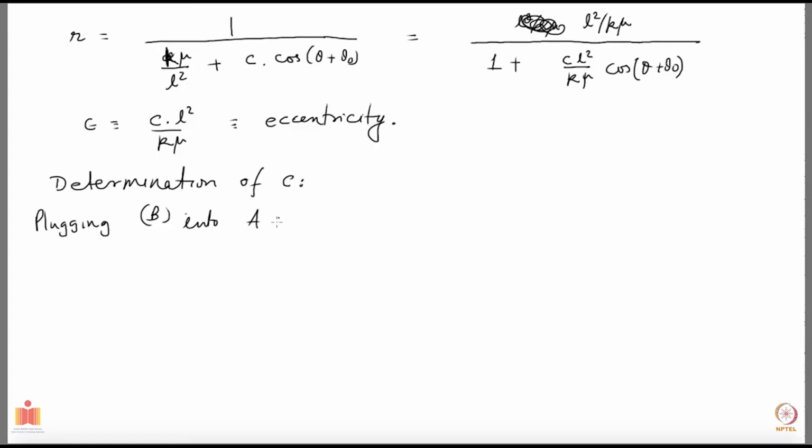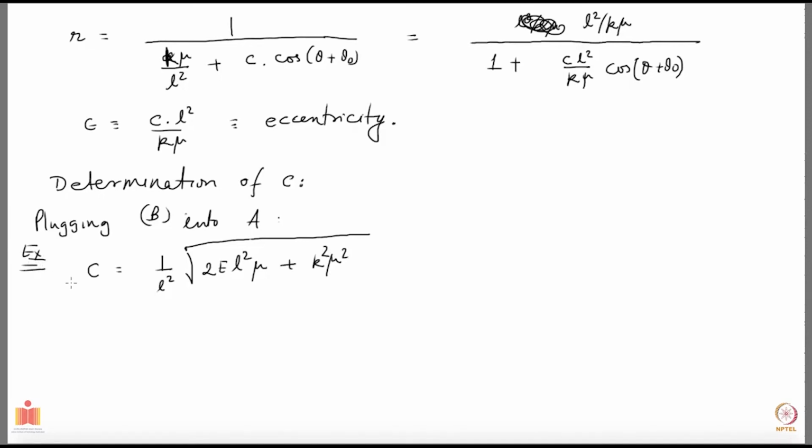You will get C to be one over L square, then you have, that is what you should check, 2 E L square mu plus K square mu square. Please do this exercise.